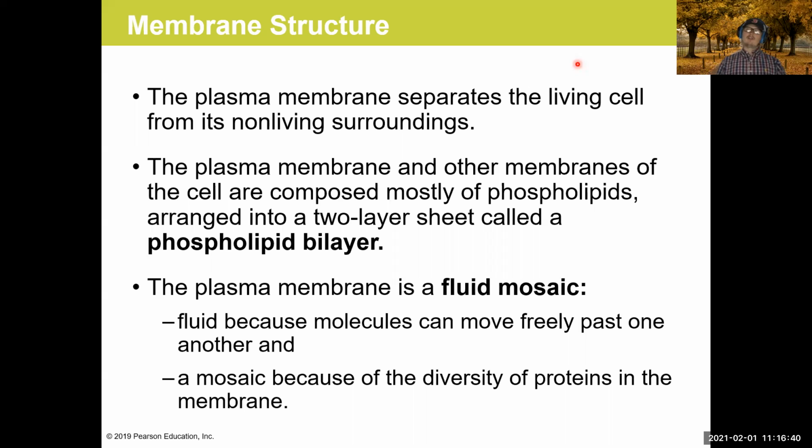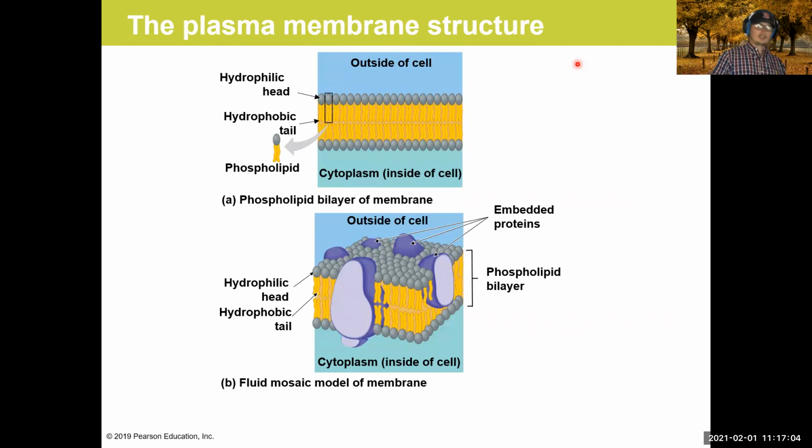And so the phospholipids will orient themselves in such a way whenever you put them in a liquid solution, to where the head is coming in contact with the water and the tails are away from that water. And that ends up forming this bilayer sheet of phospholipids like we see in this figure here.